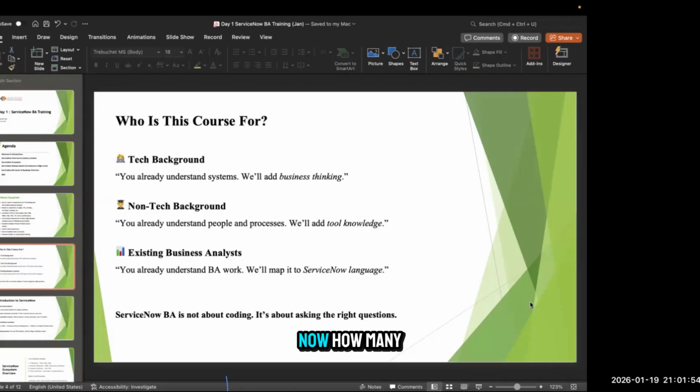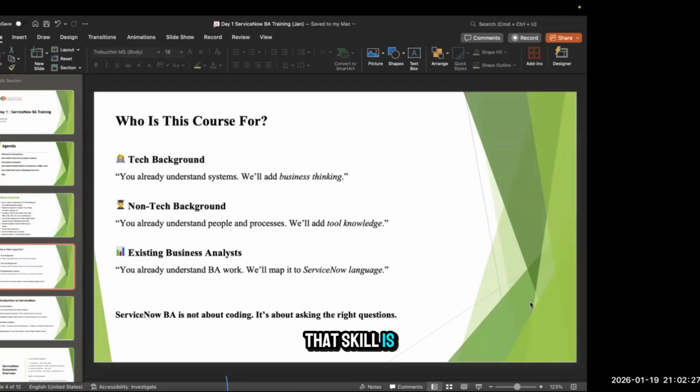Now, how many of you are from a technical background? I think we have a good number of people, and a lot of people from a non-tech background as well, and a lot more are already serving as business analysts. How many of you have ever explained something complicated in simple words? I'm pretty sure those who are already business analysts have explained complex scenarios to their clients in simpler language, because that's what you as a BA do.